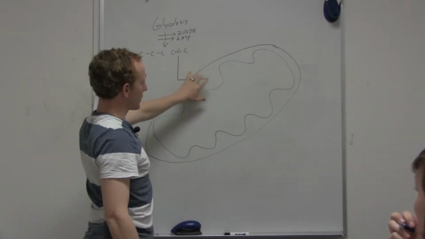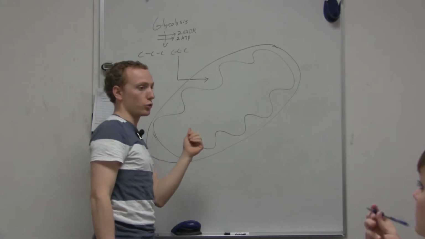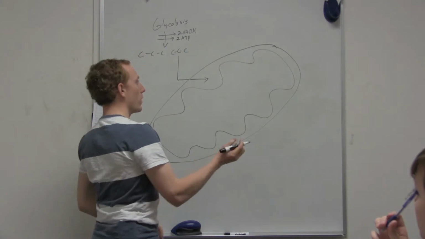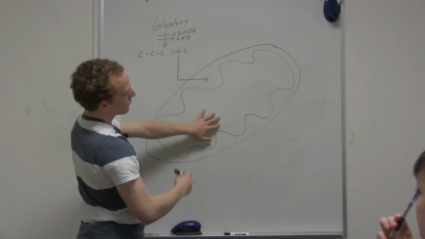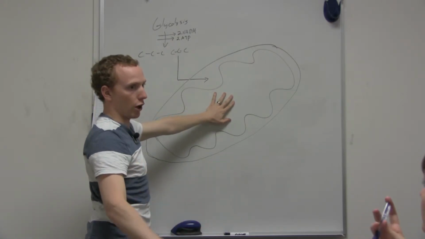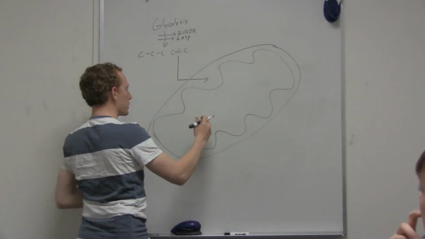Anywho, as it enters into the matrix, 2 things happen to our pyruvate. It needs oxygen to go here, because this is going to be aerobic respiration.